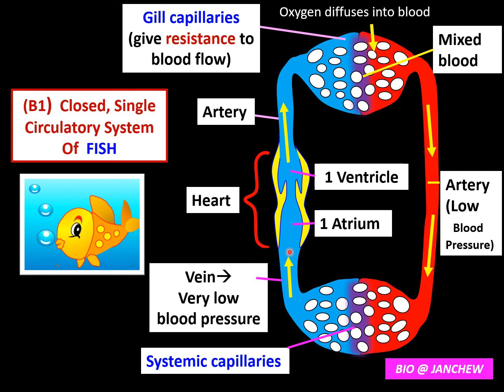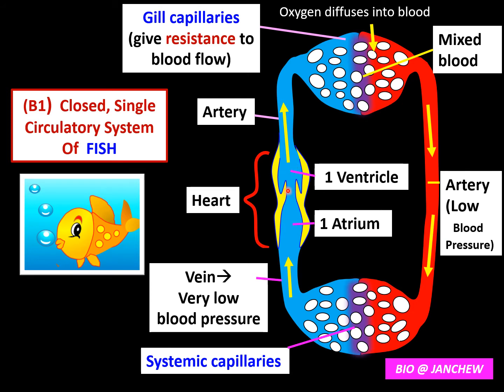Right. Next, the structure of the heart. The fish heart has only two chambers, one atrium and one ventricle. That's all. Now, how is the flow of the blood? Starting from this point, deoxygenated blood flows into the atrium and then is pumped to the ventricle.